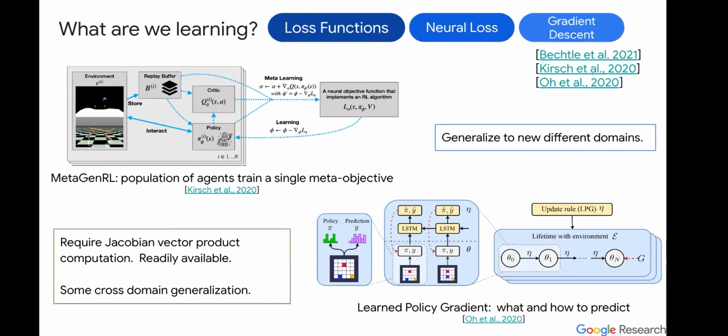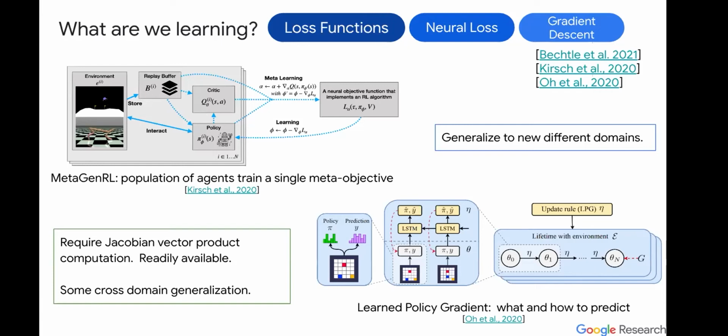Another example is learned policy gradient. In this case, they were using an LSTM to do a similar thing. These methods do require Jacobian vector product computation, which in any package, JAX, Torch, or TensorFlow, is readily available.